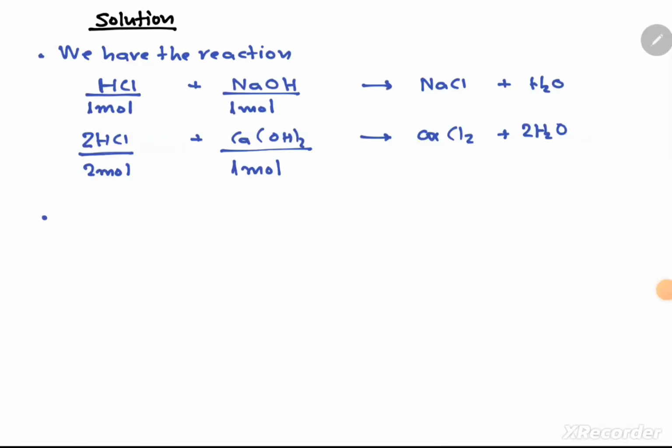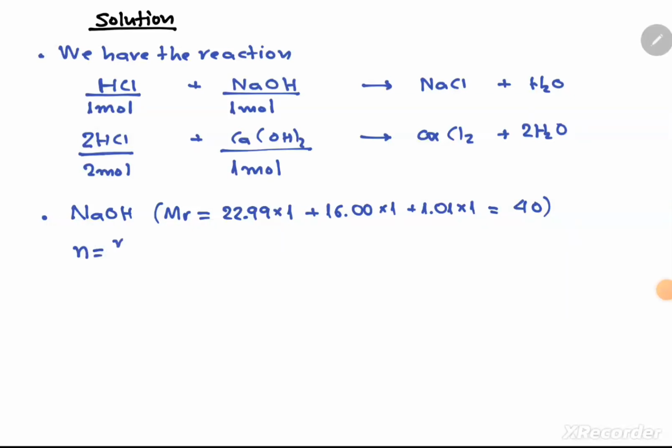Then we calculate the mole of sodium hydroxide and calcium hydroxide, the two substances of the mixture. For sodium hydroxide, we have first Mr is equal with 40, and we convert the grams in mole.